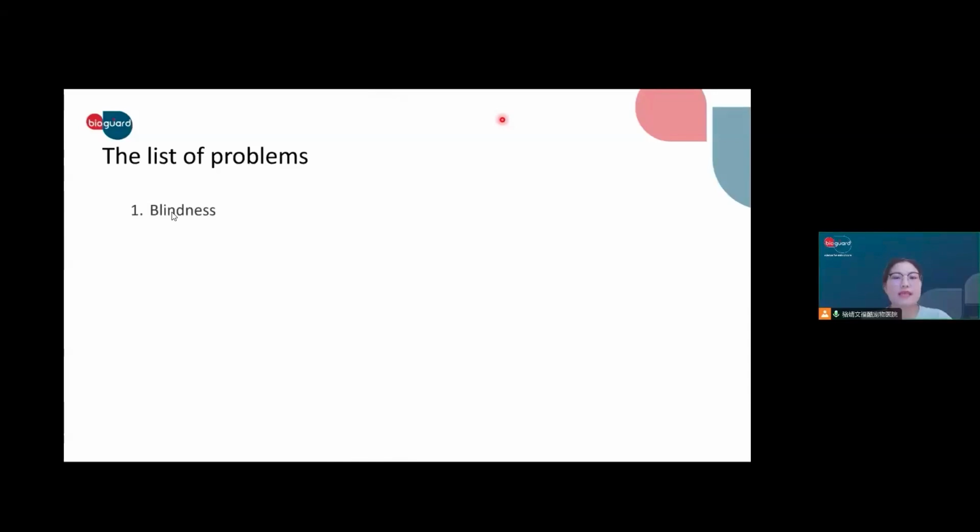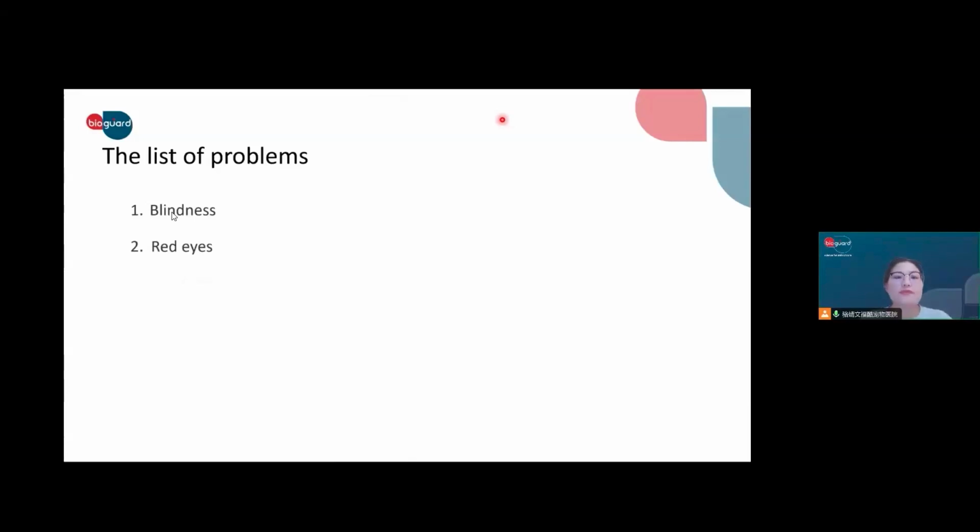What is the second problem? Red eyes. These two problems were what his owner complained. Remember that? So we need to rank these two problems ahead.